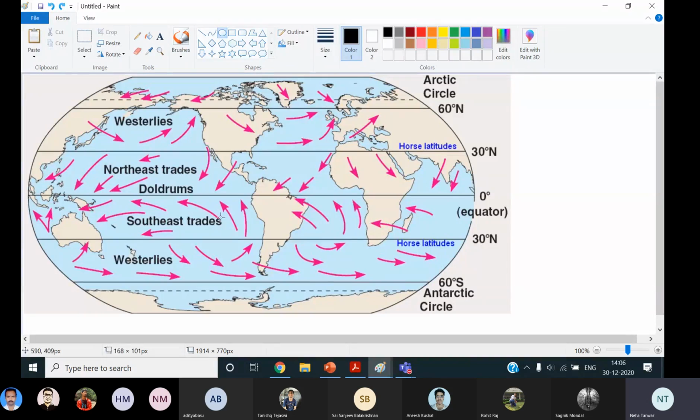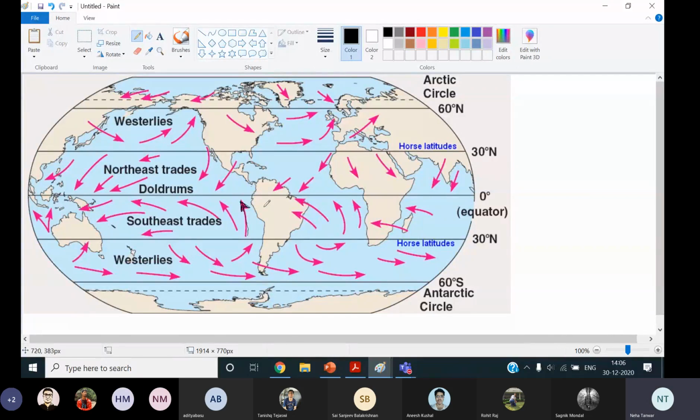When we look at the southeast trade winds, as they move towards the equator, where would the coastal water move? In which direction would the coastal water move? Let's say I'm taking these winds, right?